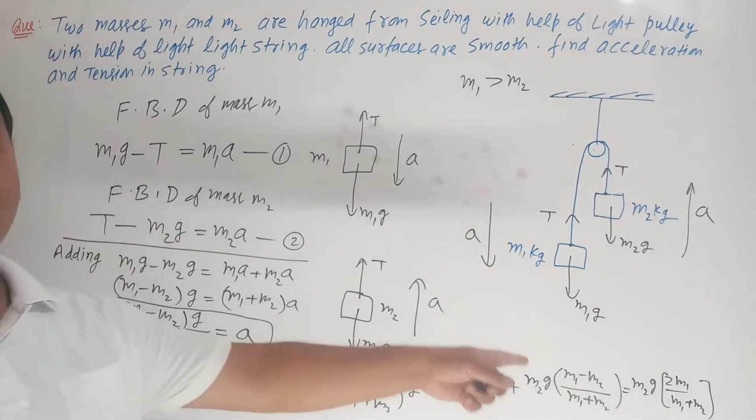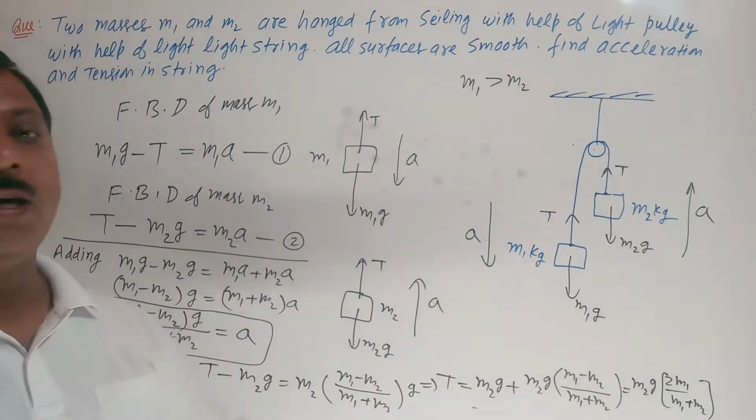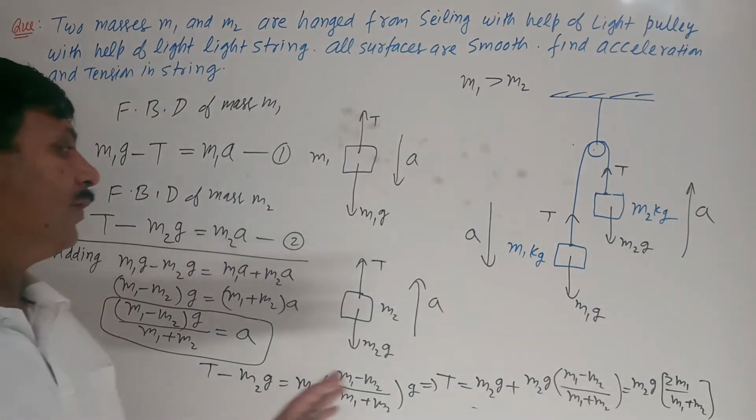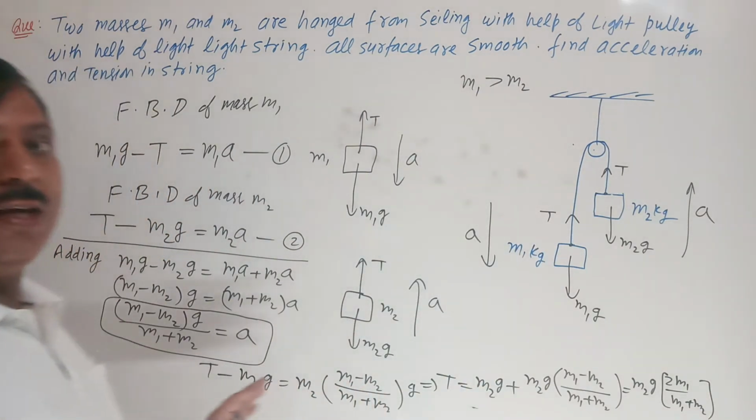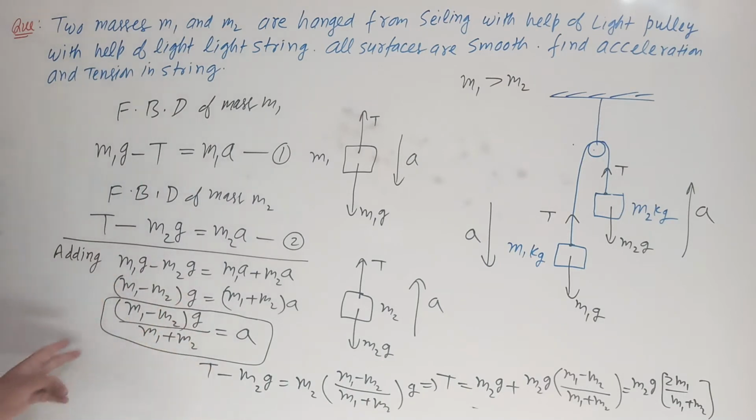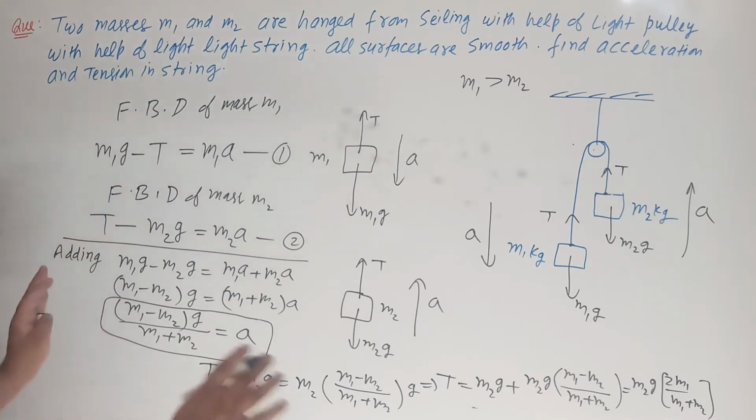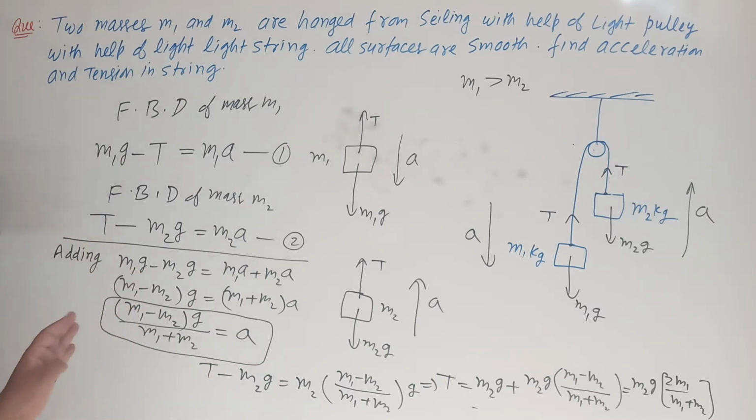The tension will be 2m1m2g upon m1 plus m2. So this will be the tension along the string, and this will be the acceleration, (m1 minus m2) into g upon m1 plus m2. So by this free body diagram method, we can find acceleration and tension.